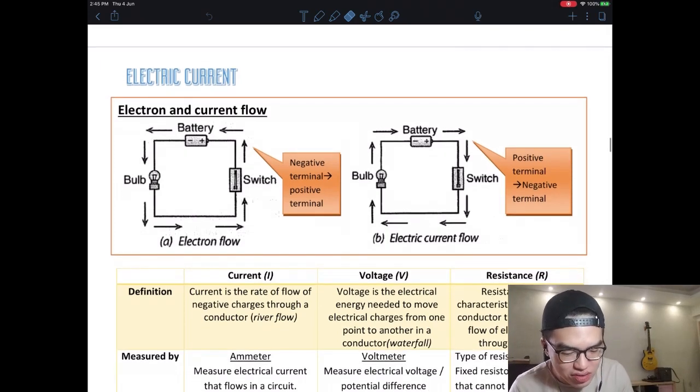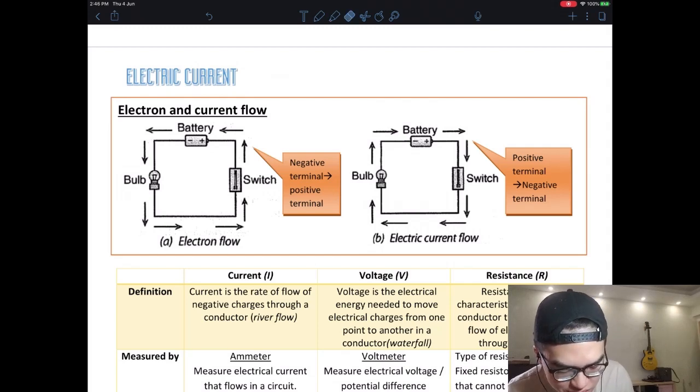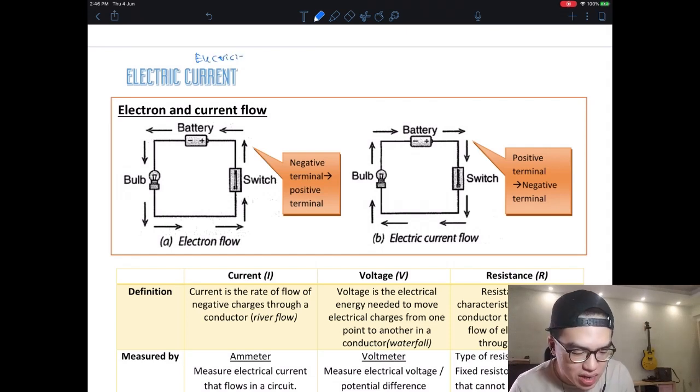What is electric current? This subchapter is actually called electricity. So what is electricity? It is the flow of electric current through a conductor.